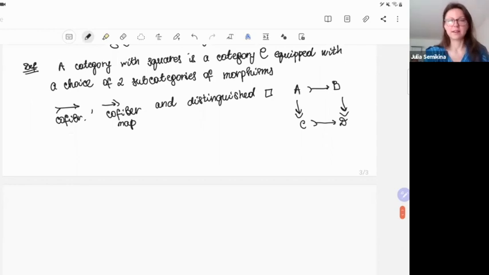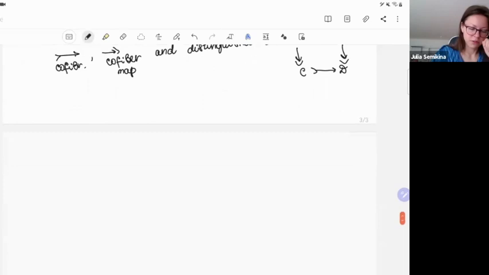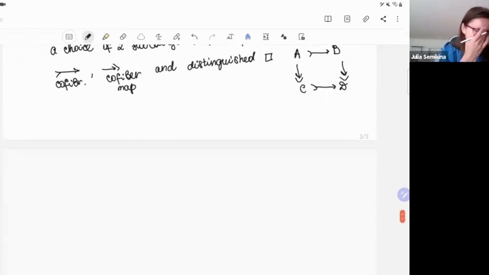So far, what we have is a category, two subcategories of morphisms and a notion of squares. So what are the conditions? I will list the conditions and then I will explain how you remember it very easily.